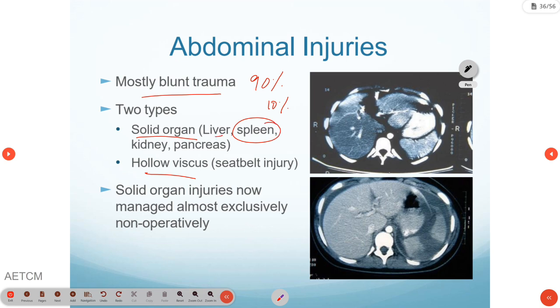Then comes the liver, then the kidney, and very little chance for pancreatic injuries. Hollow viscus injuries might be due to seat belt injury or a pedestrian hit by a vehicle, and the injuries will be in the duodenum, jejunum, and stomach. These three are the likely sites.